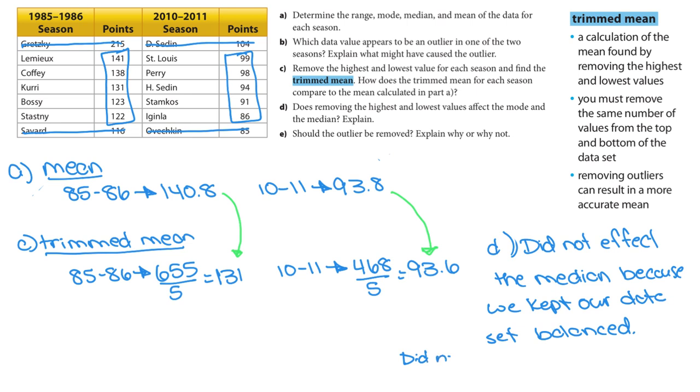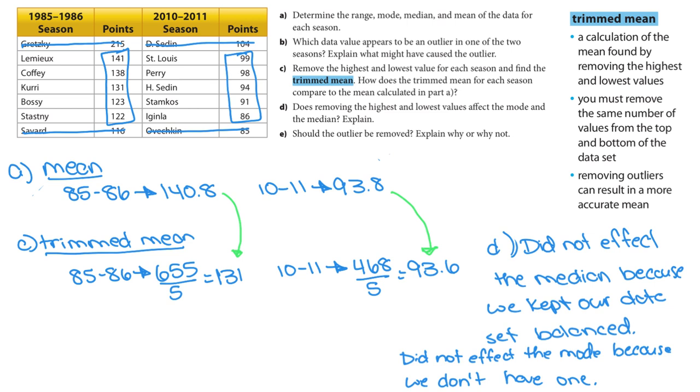Did not affect the mode because we don't have one. But in other instances, it may, if the mode is one of those values I'm eliminating. So keep that in mind.